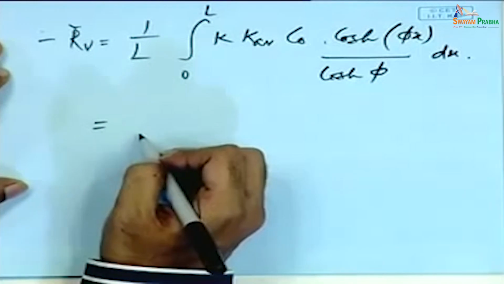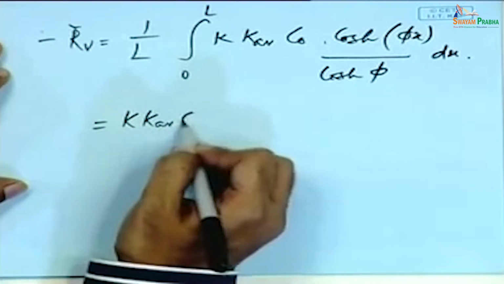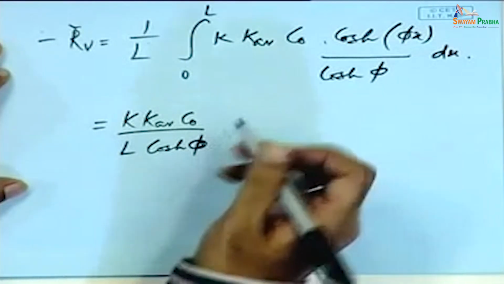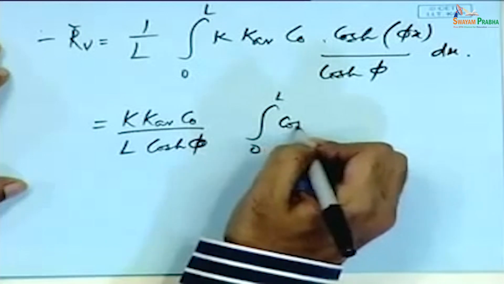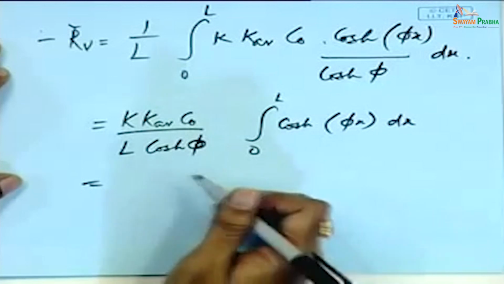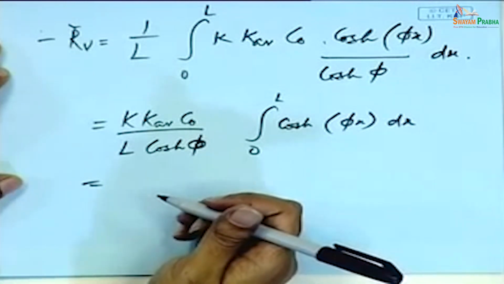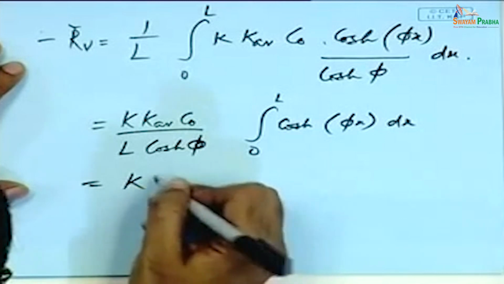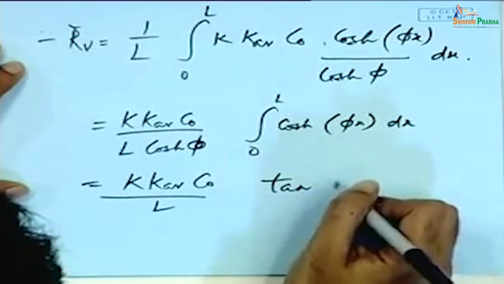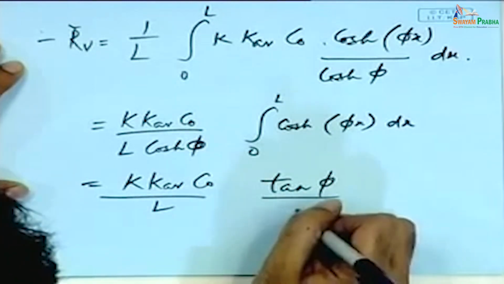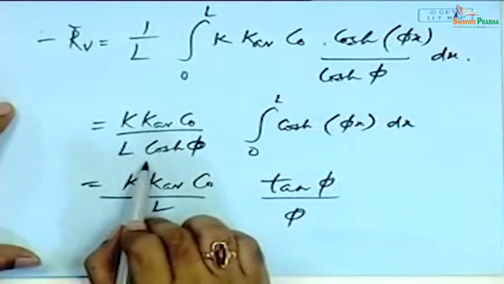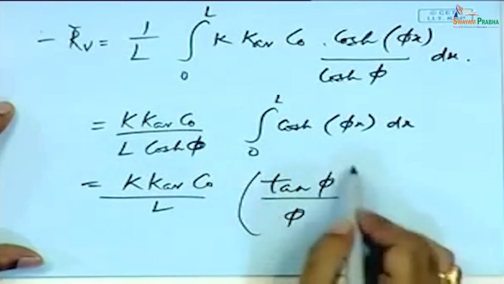Now this whole thing turns out to be K kV C naught over L into, this is a slightly complicated integral. So this comes out to be sine hyperbolic phi x, 0 to L, divided by cos hyperbolic phi, which comes out to be tan phi over phi.